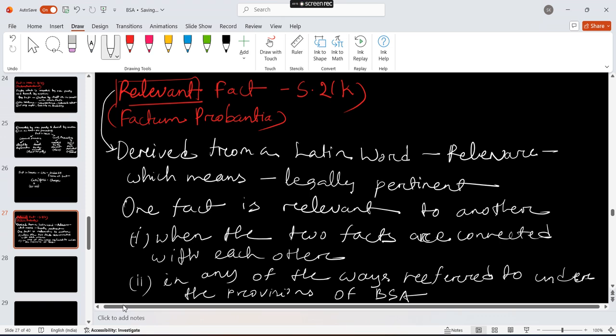So let me give you the sections from where to where relevancy of facts are explained.